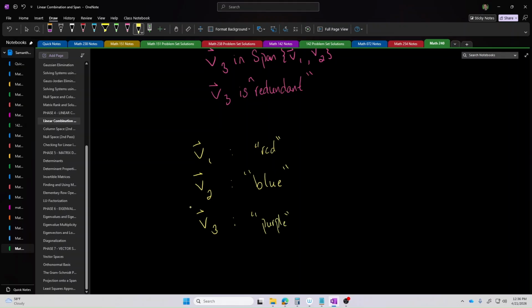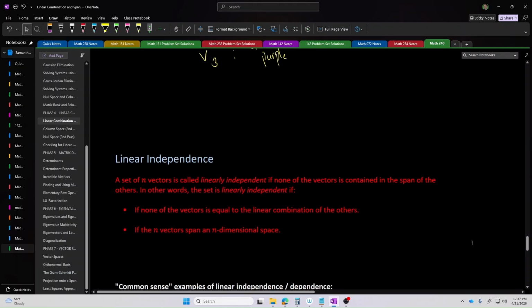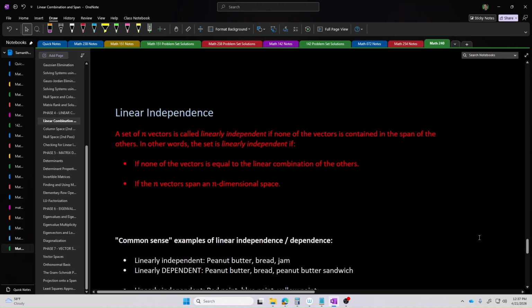It's a color that you can obtain by mixing together blue and red. You're not really getting any extra colors in your color palette by including V3 because V3 can already be obtained by mixing together V1 and V2. So this brings us to a pretty important piece of terminology in this class, which is called linear independence.